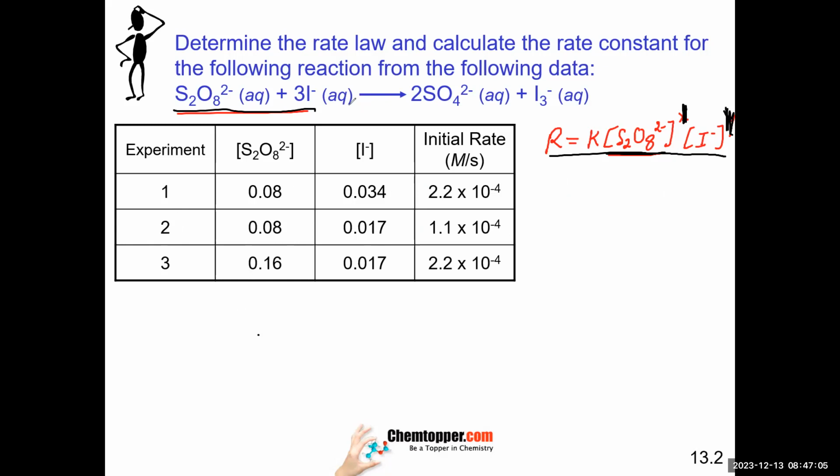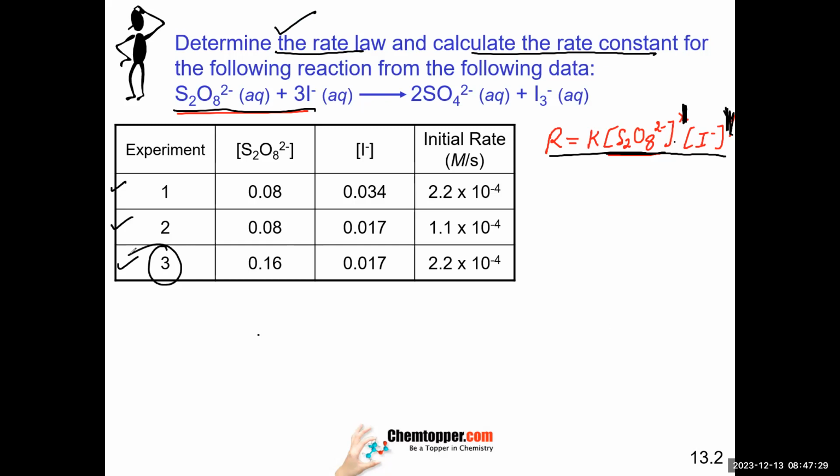But this question has one more part. Determine the rate law. Done. Calculate the rate constant. Yes, who is going to help me? Rate constant. Pick up any experiment, any, and plug in the values. Like, which one you want to pick up?